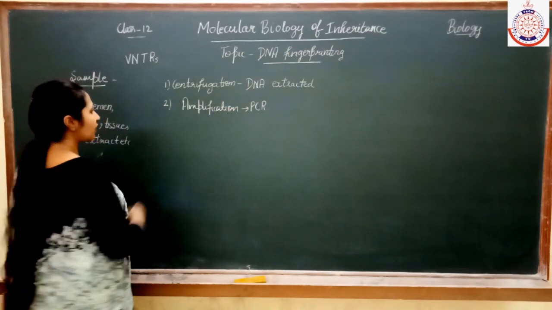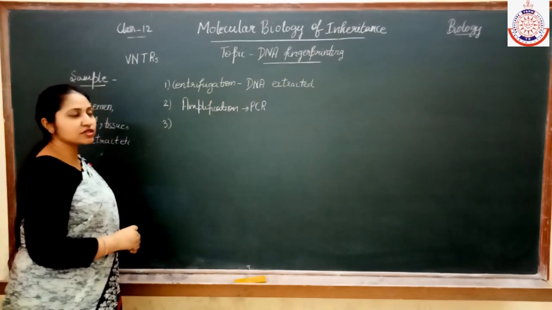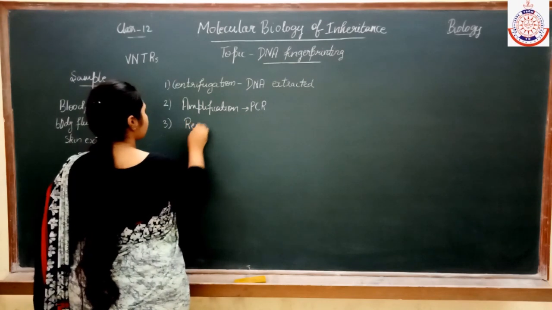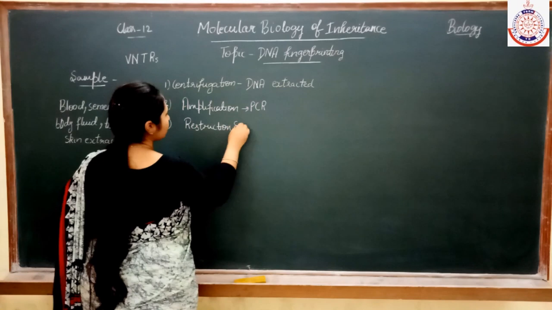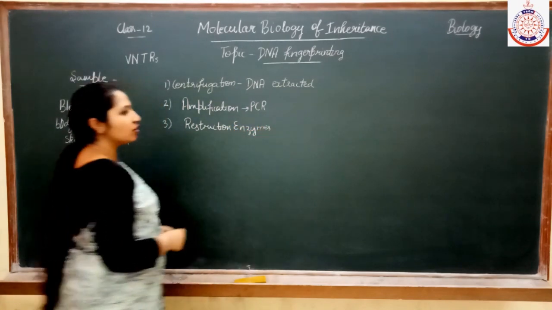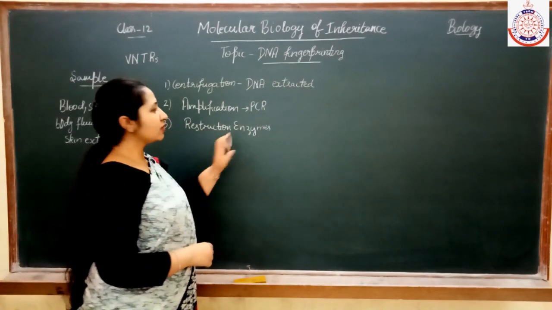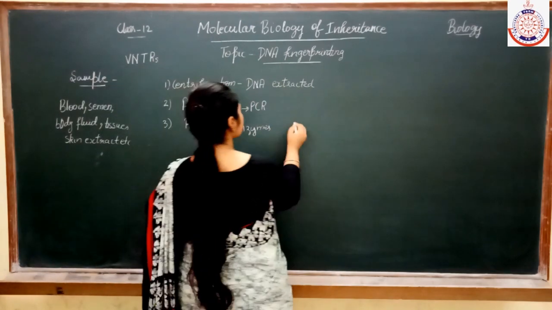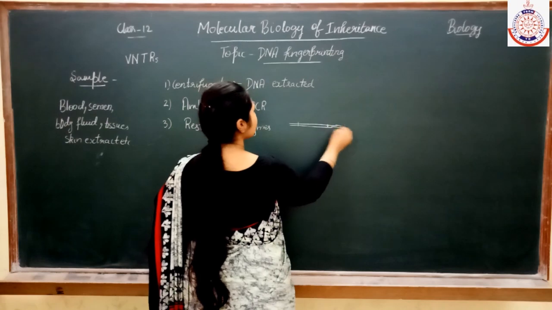Now the third step is the action of restriction enzymes, which are also known as restriction endonucleases. By the action of restriction enzymes, the DNA is cut into fragments at specific sites.